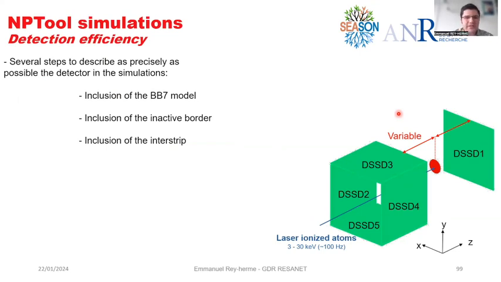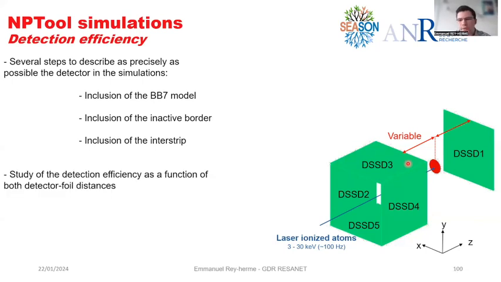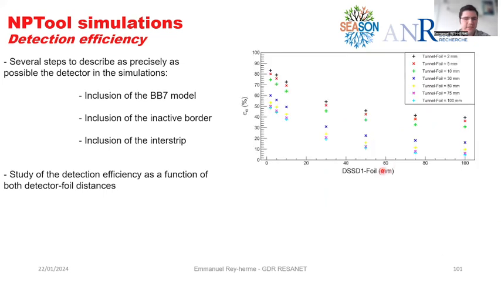And during my PhD thesis, I tried to make simulation as precise as possible of this detector, with inclusion of the proper detector model that will be used for SEASON, inclusion of fine details such as the inactive border or the interstrip in the simulations. And also I studied the effect of the detection efficiency as a function of those variable distances.